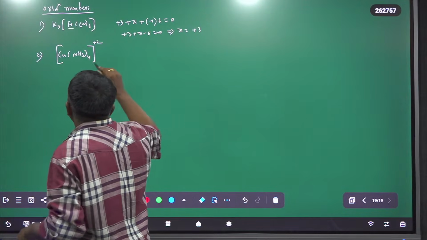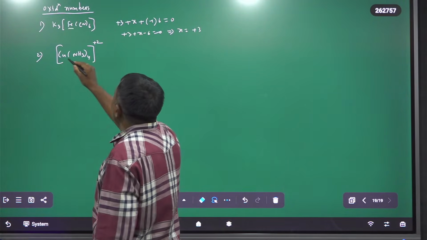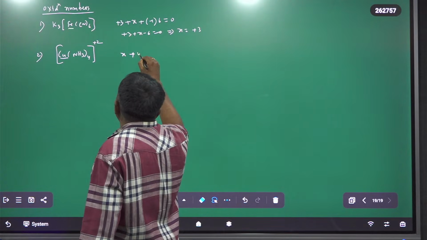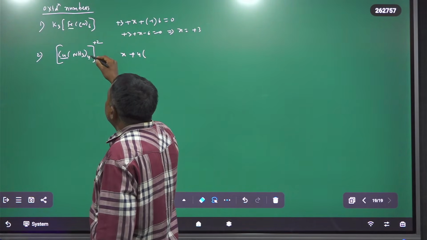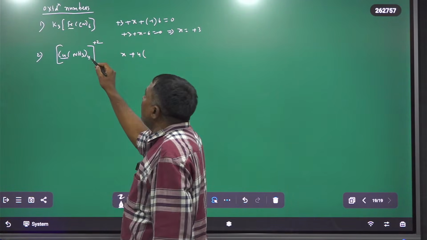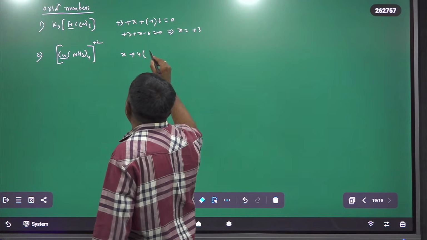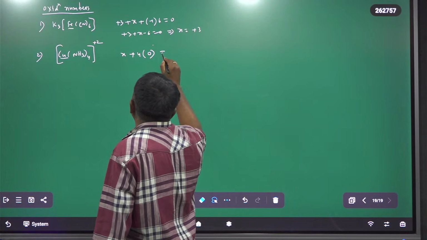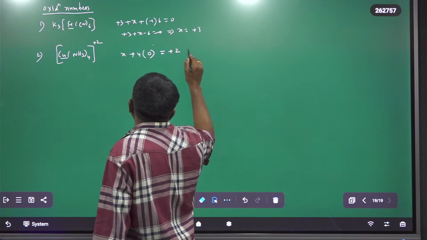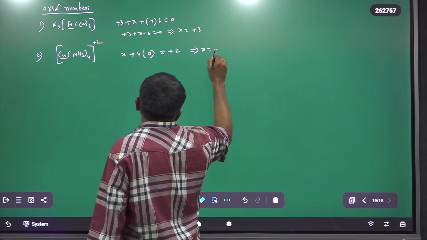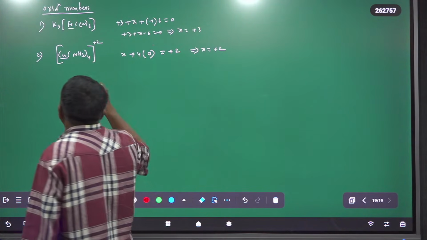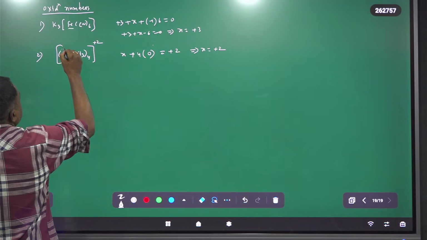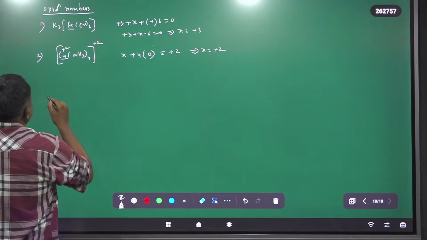So for [Cu(NH3)4]2+, you consider copper as X. So X plus 4 into NH3, because there are 4 ligands and NH3 is a neutral ligand, therefore its charge is 0. So it is equal to plus 2. Therefore X becomes plus 2, the oxidation number of copper. So the copper oxidation number is plus 2 in this case.